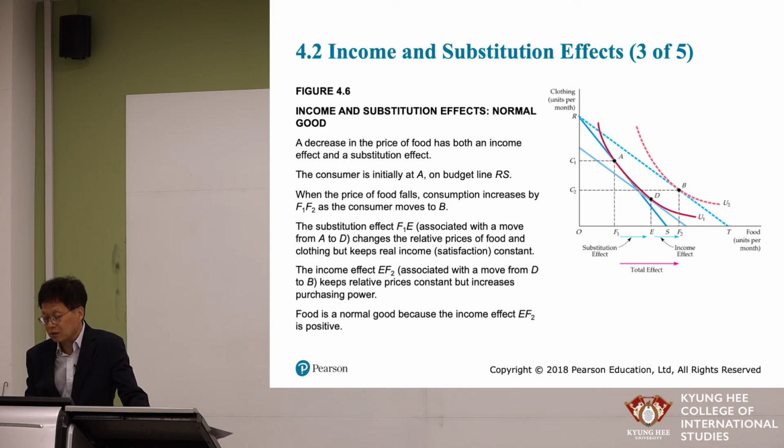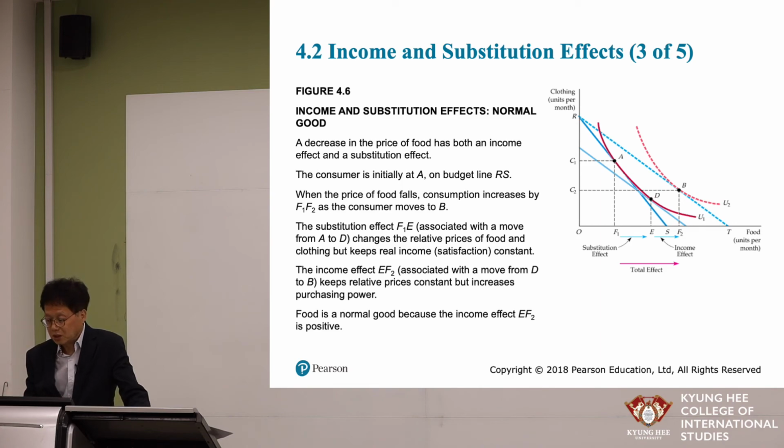Then you can find point D. Right? So think about the movement A to D. What is A to D? Only the relative price changes from here to here, and it is tangent holding the same utility level. Okay? So F1 to E is the substitution effect.